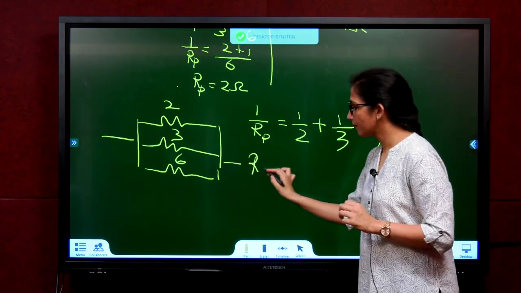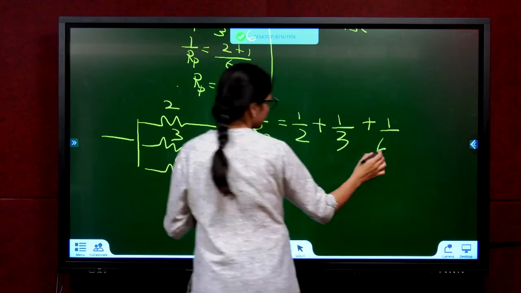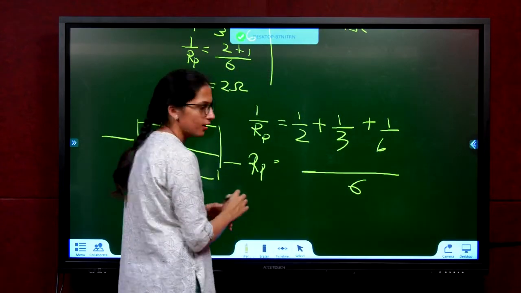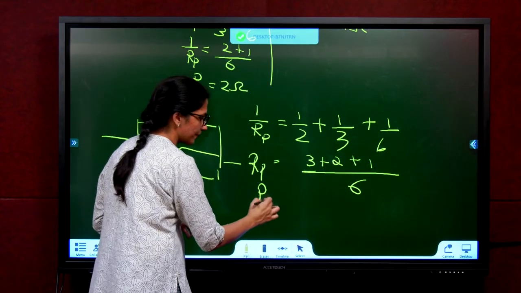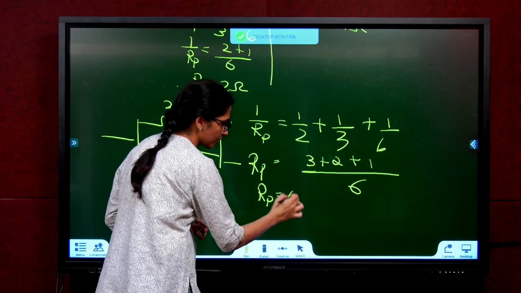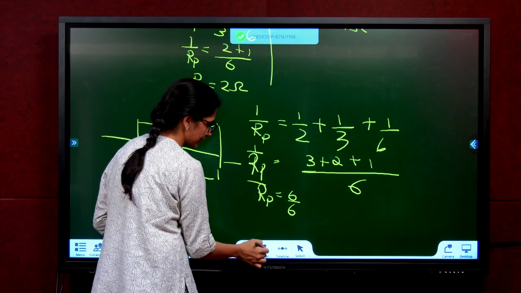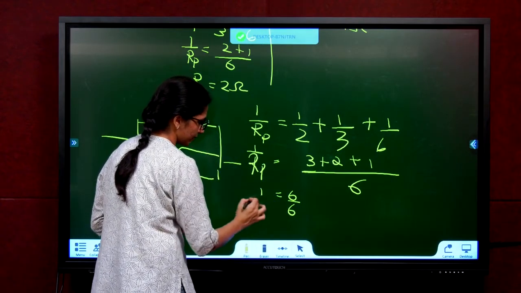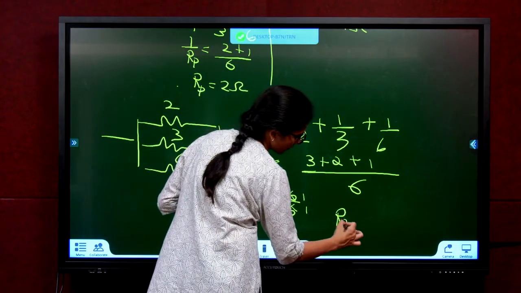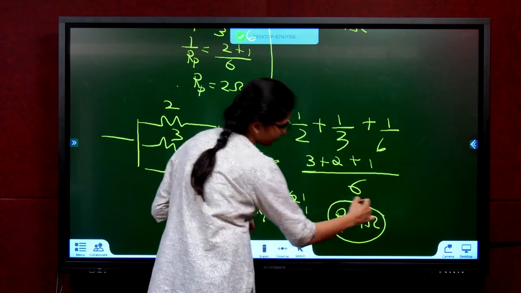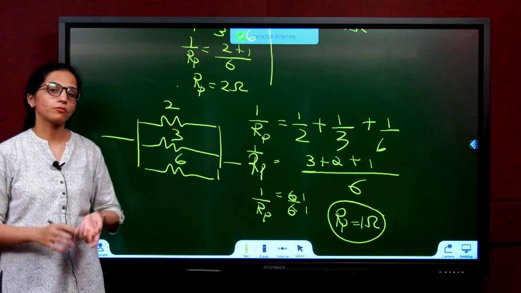Take the LCM. 2, 3, 6, LCM is 6. 3s are, 2s are, 1s are. Sorry, 1 by RP is 6 by 6. 1, 1. RP is 1 ohm. Hence, we got what we wanted.